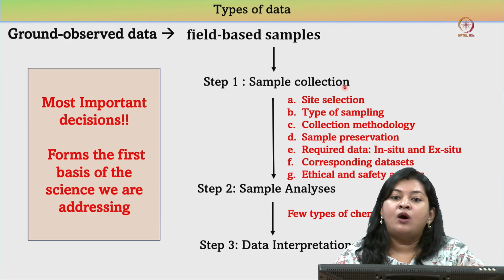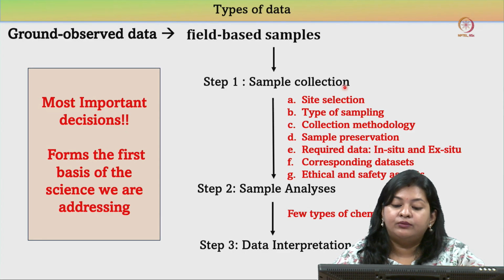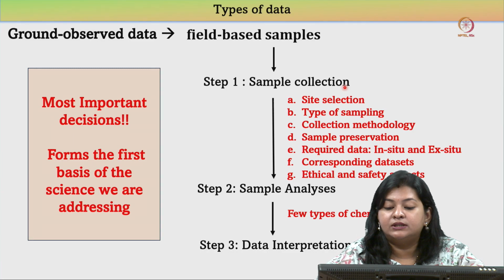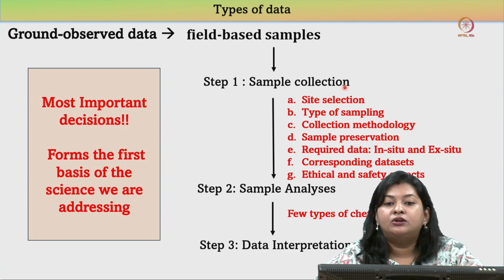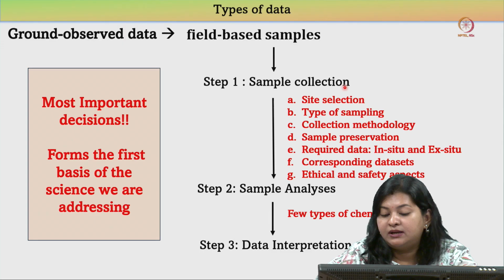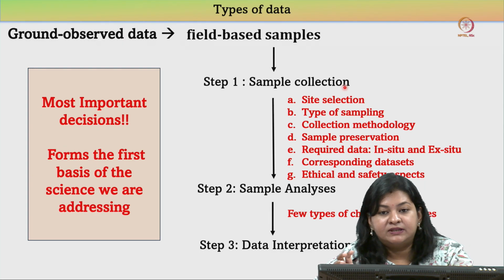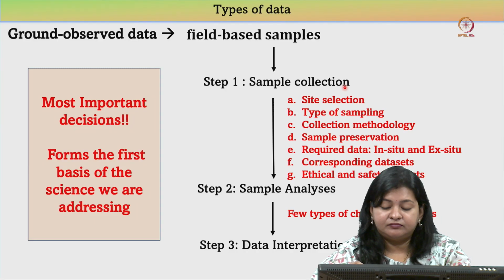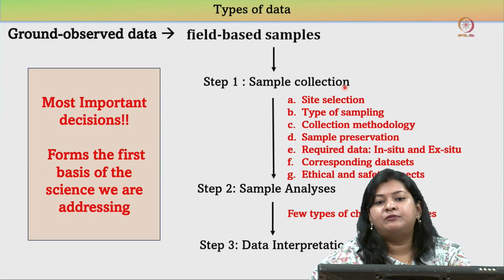Type of sampling: how we are going to do sampling. I will talk about the type of sampling in the further slides. Collection methodology means how we are collecting the sample. There are different methods of sample collection. Then sample preservation: every type of analysis can have a particular type of preservation required.